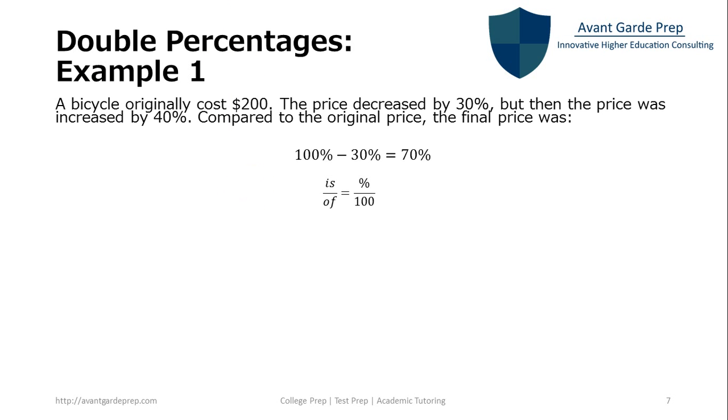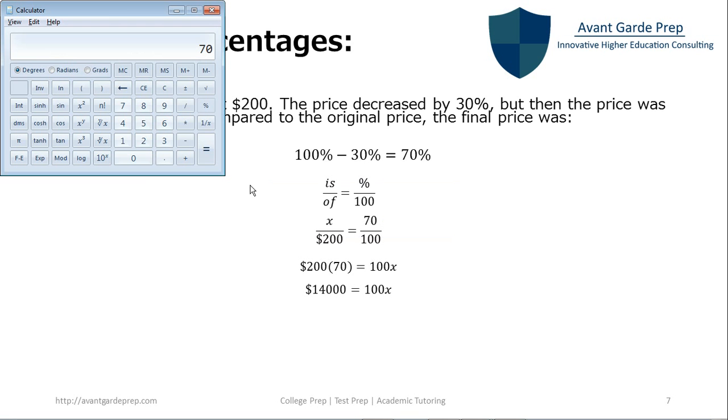So what we'll be looking for is the is in this setup, because we know that the original price was 200, or the of, but we're trying to find what is 70% of that 200. So we plug in our values and we get x over 200 equals 70 over 100. Now we cross multiply and divide, and we'll do that with our calculator.